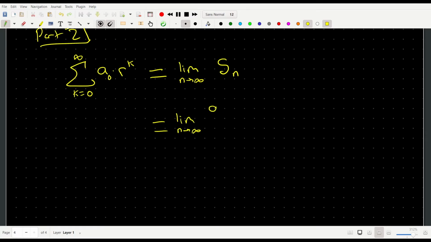Sn is going to be a naught times 1 minus r to the n plus 1, divided by 1 minus r.